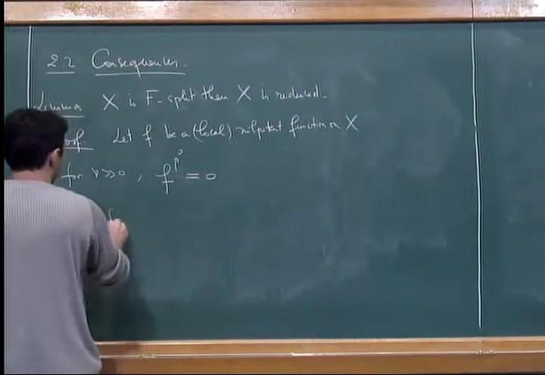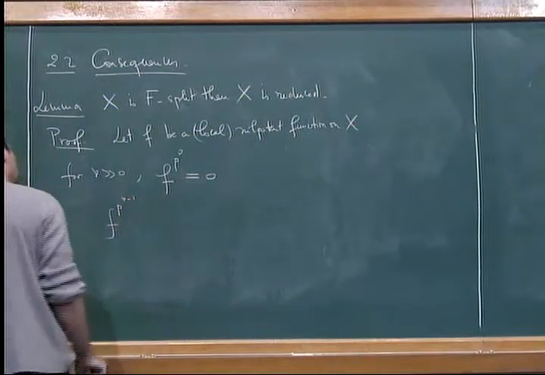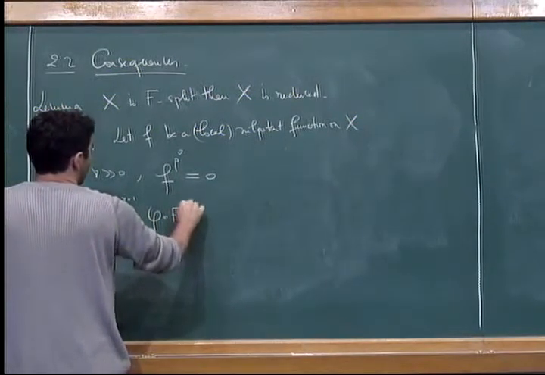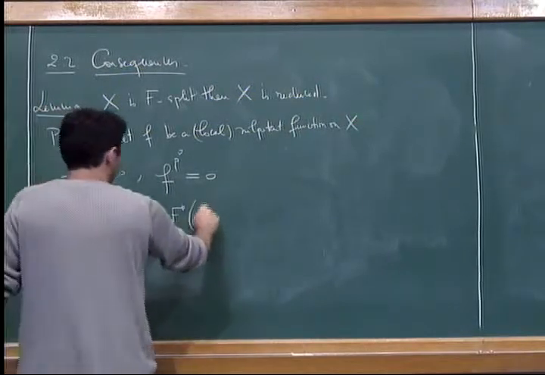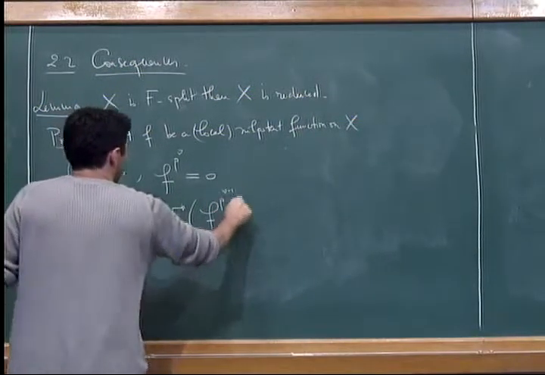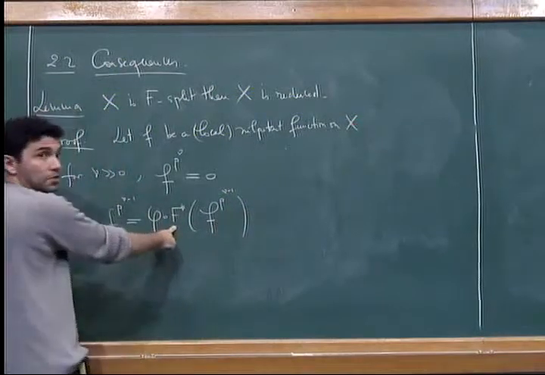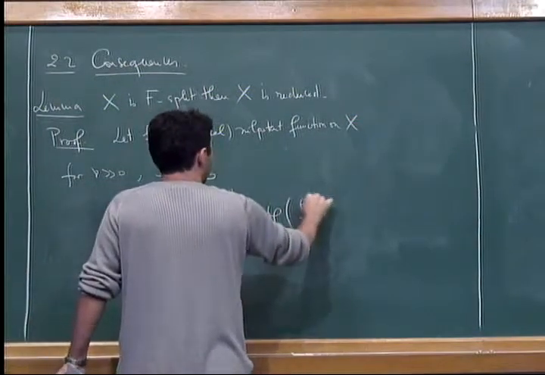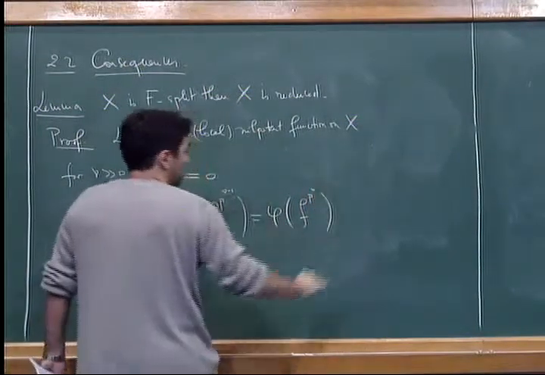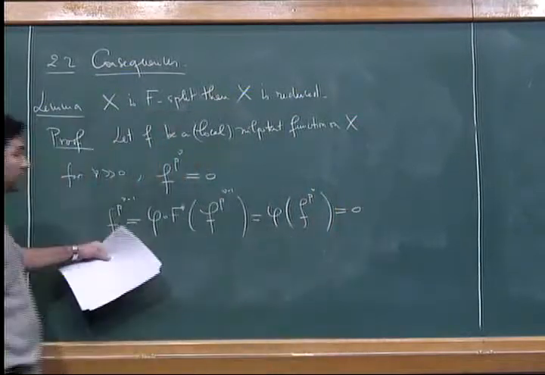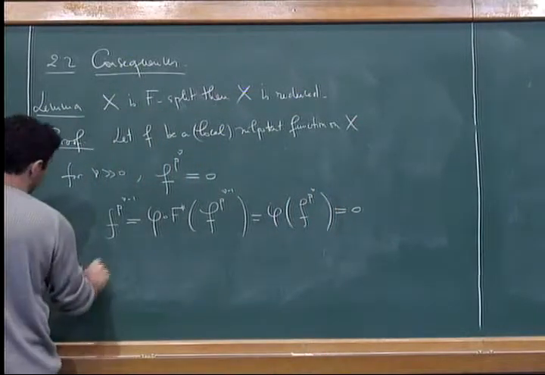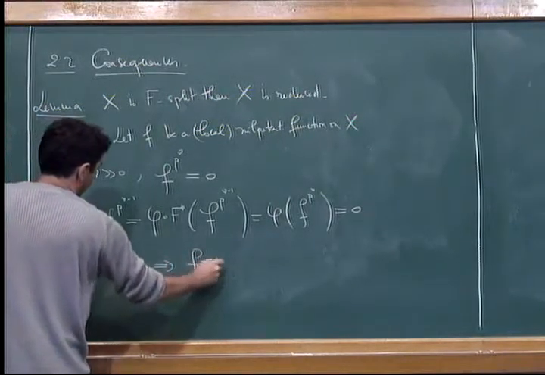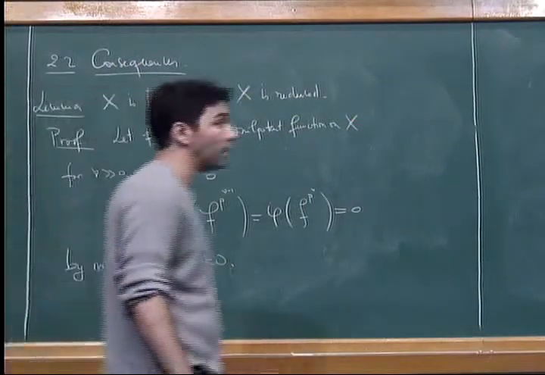But now compute F to the power p to the power nu minus 1 as phi composed with the pullback. This is the identity. But now the pullback by the Frobenius is just the p-th power map. So this is phi of F to the power p to the power nu. So this is 0. So by induction, X is reduced.